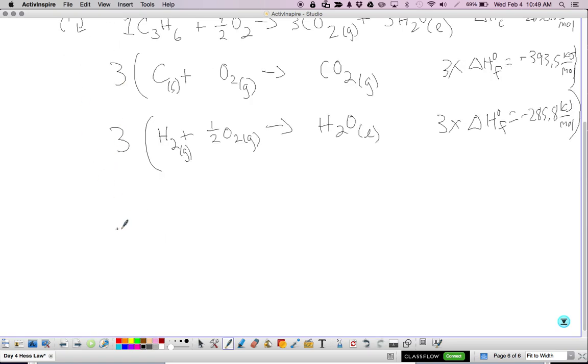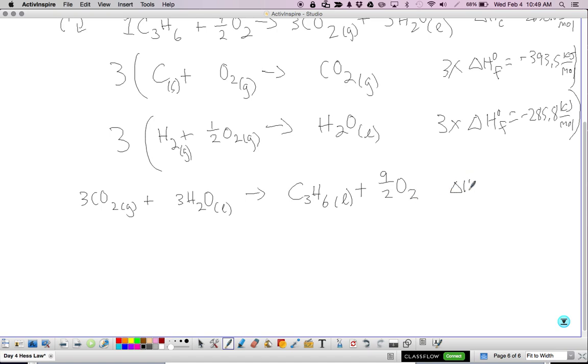I flipped the first one, so I've got 3 CO2 plus 3 H2O liquid, and that's going to make C3H6 liquid plus 9/2 O2.